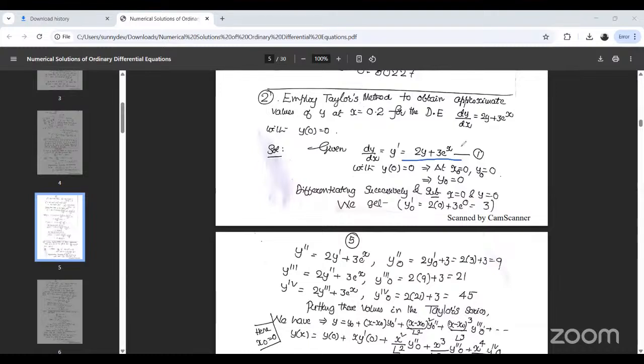So y dash is 2y plus 3 into e power of 3x. And here the given y of 0 equals 0. So this becomes x naught and this becomes y naught.